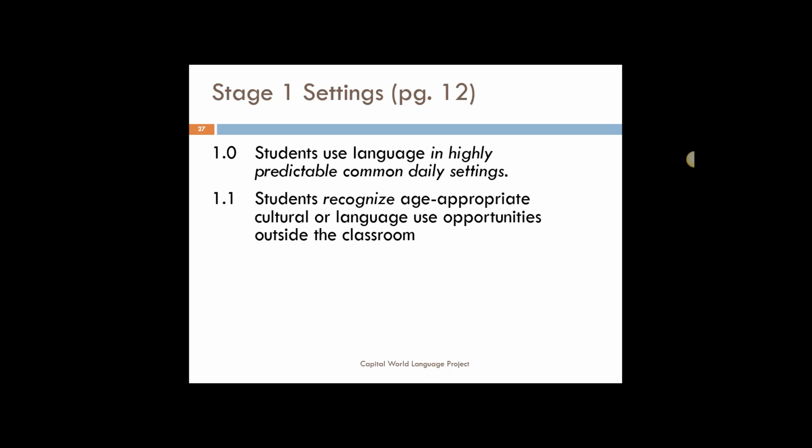They say, hey, I could go here and I might hear some Spanish, right? So they recognize the opportunities that are available to them. Once you get into 2.0, they are now starting to branch out of that highly predictable setting, which is your classroom, and they start to participate actively in the appropriate activities in their community or online, for that matter.